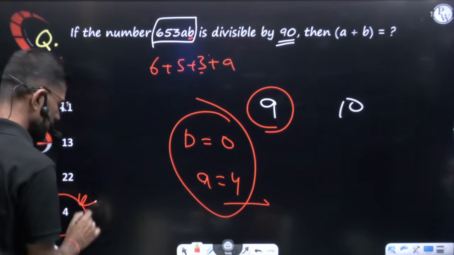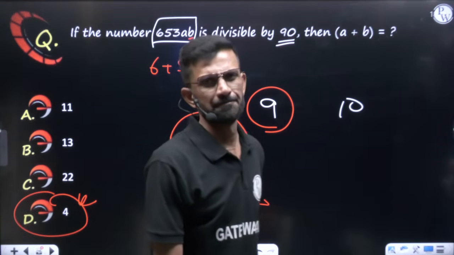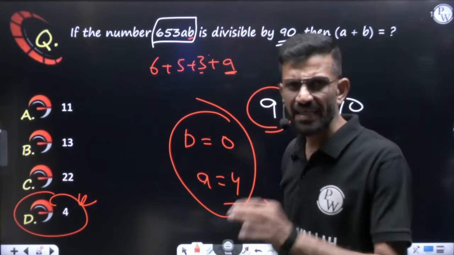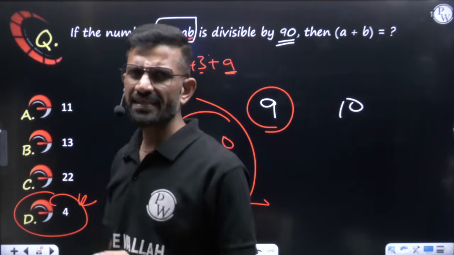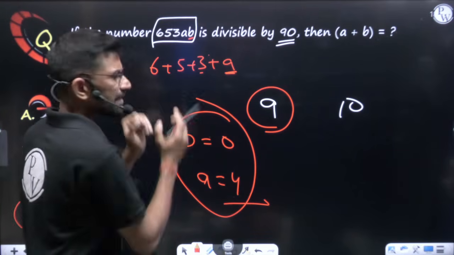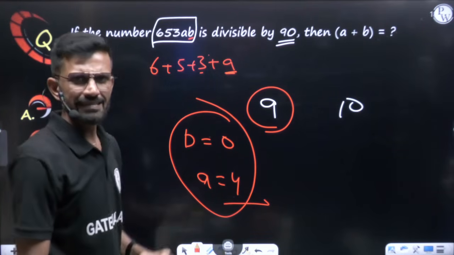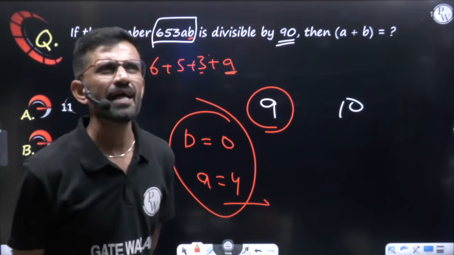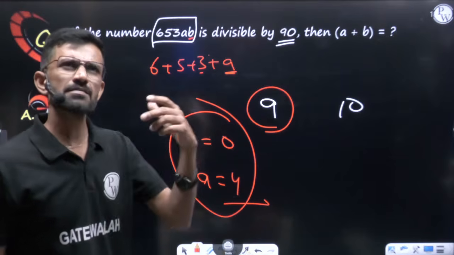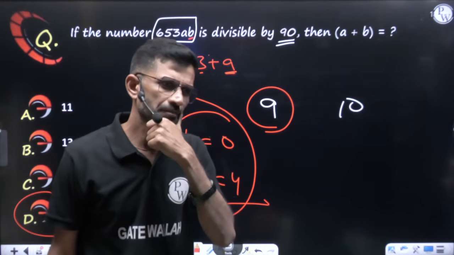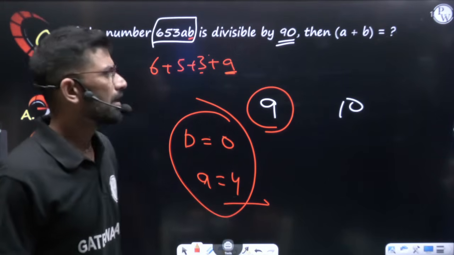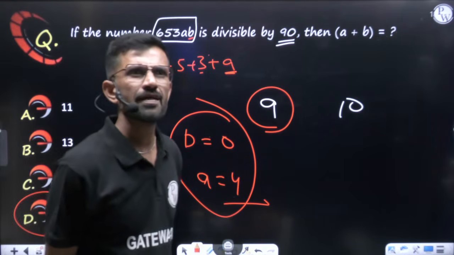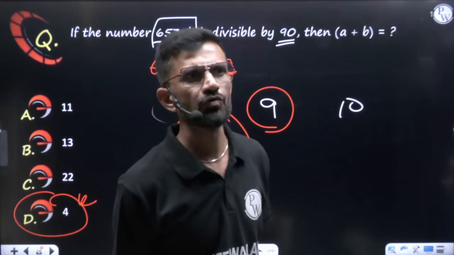This is the answer. Now many people get confused here. Many people say, sir, instead of taking 4, why not add something like 14 plus 11, which is 25?